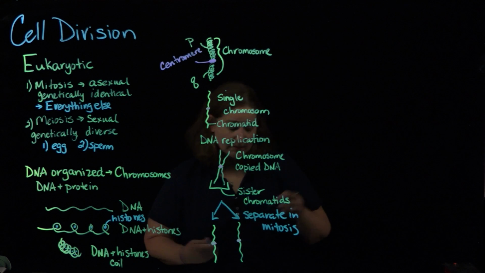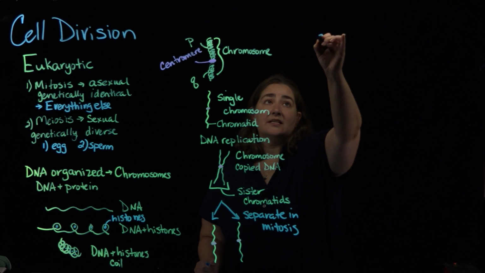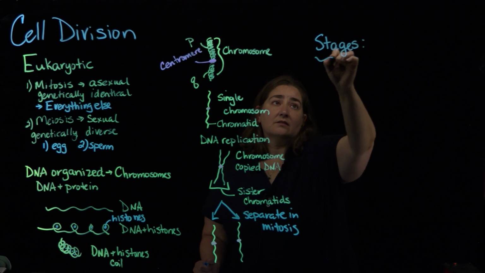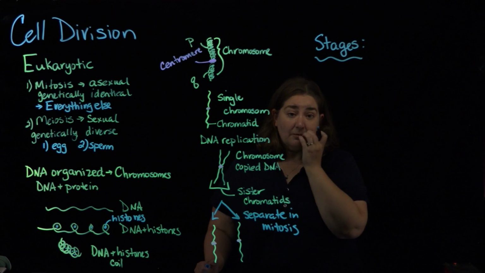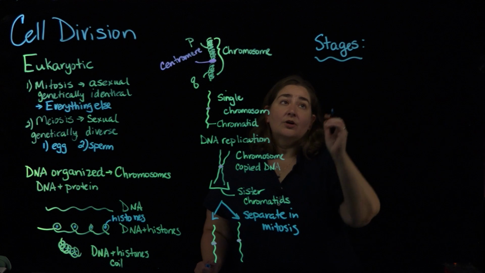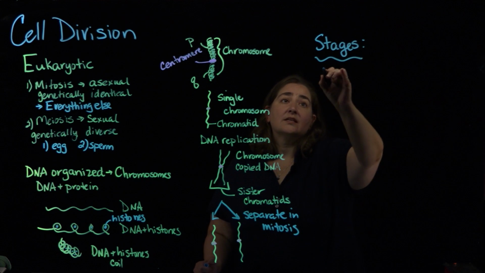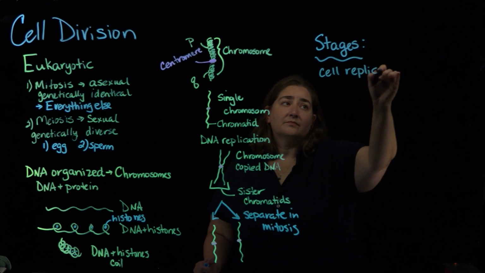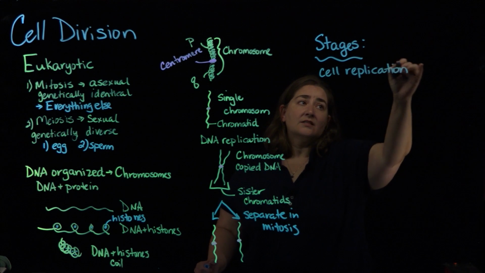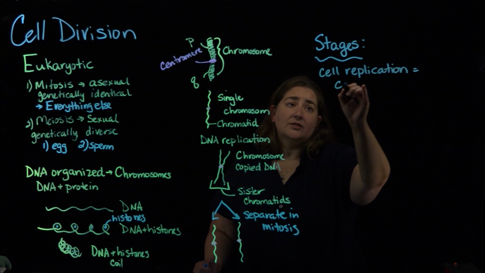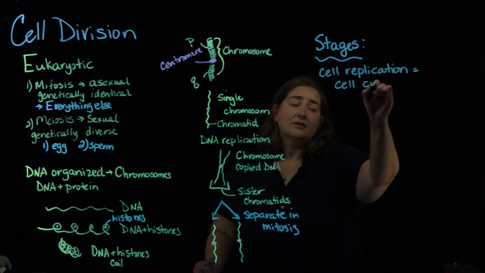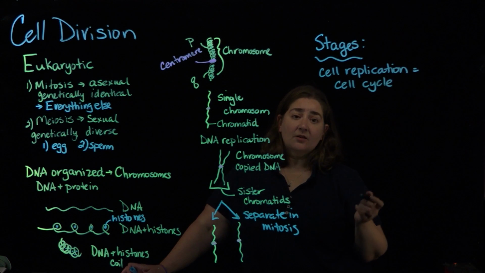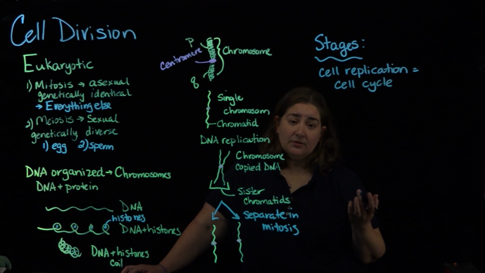What I'll do next, I'm going to talk a little bit about the stages. And I'm going to go into some more detail on this in the next video. When we're undergoing the process of cell replication, this is very often termed the cell cycle, because it's going to repeat itself as needed for that particular cell.